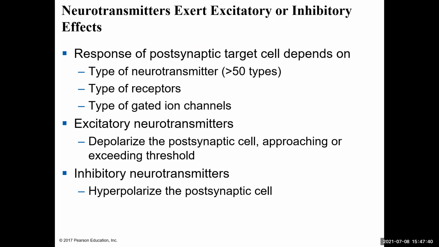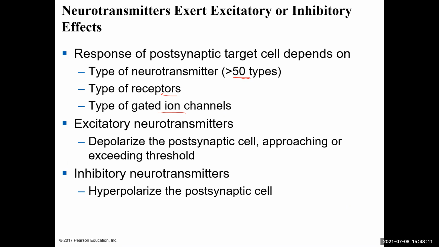The response of the target can involve several different types of neurotransmitters. There are over 50 types of neurotransmitters that can be released depending on the target. That means there are many, many different types of receptors to receive those neurotransmitters, as well as many different types of gated ion channels. Now you can have two types of neurotransmitters.